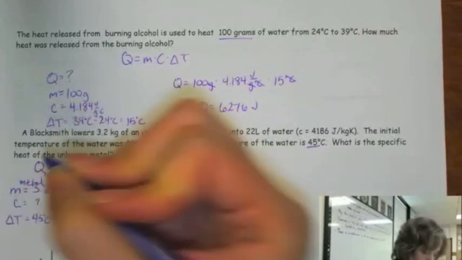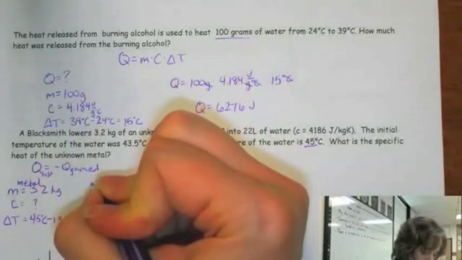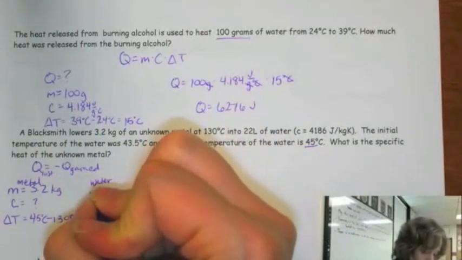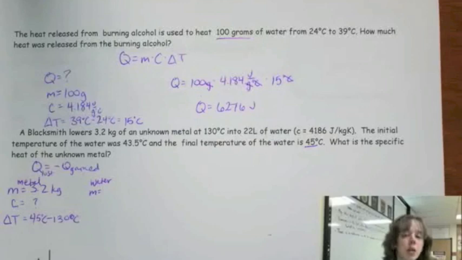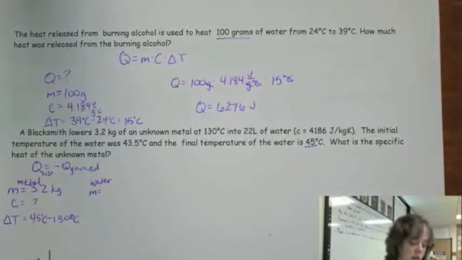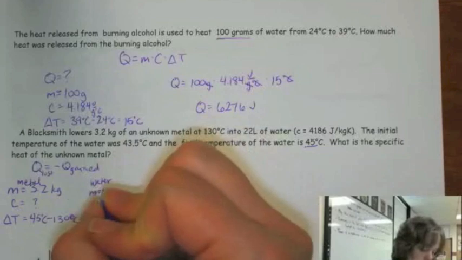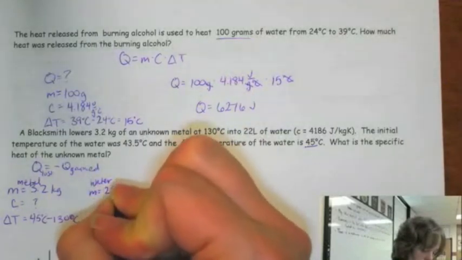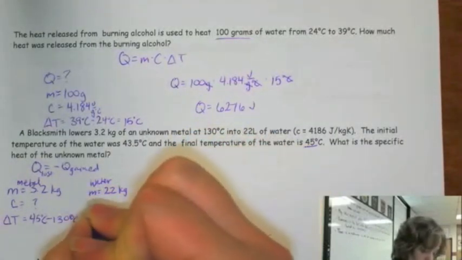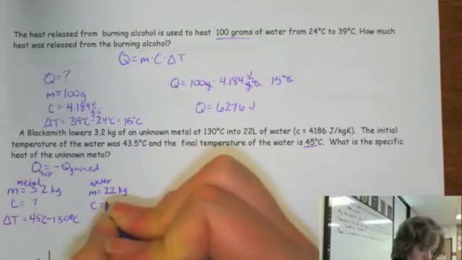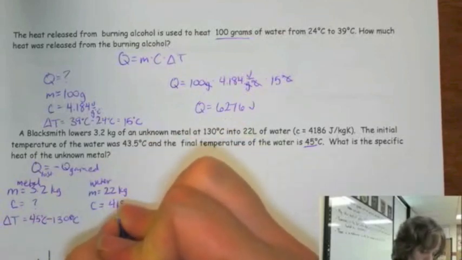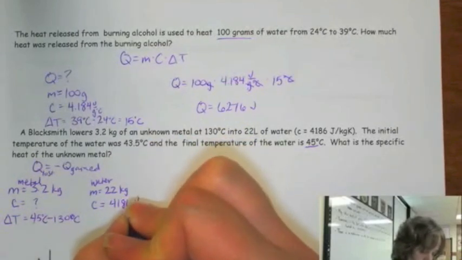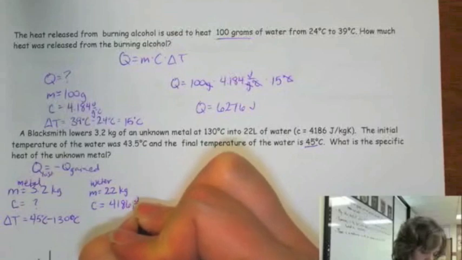Now we want to look at our water. The mass of our water isn't given, we're given a volume, but just like grams and milliliters, kilograms and liters work out to be the same. So if we've got 22 liters of water, we have 22 kilograms of water. It gives us our C in the problem, which is 4,186 joules per kilogram per degree Celsius.